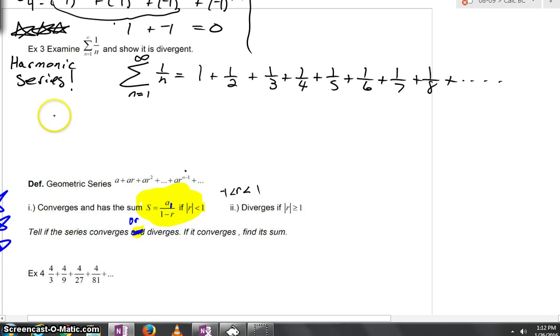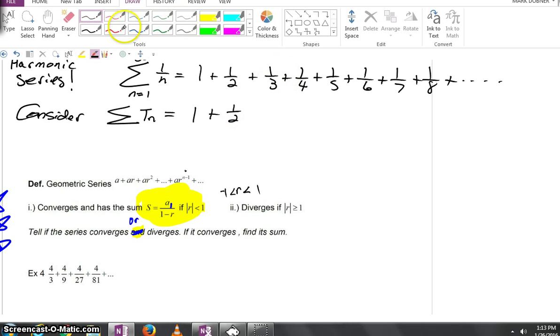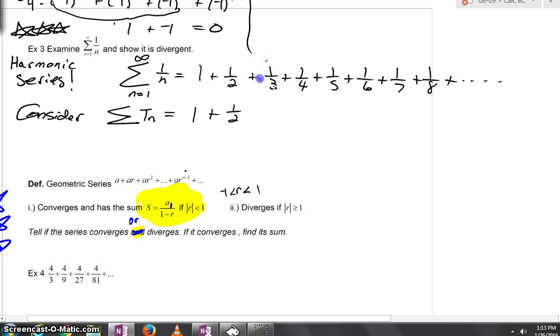What I'd like for us to do is to take a look at another series. I'm going to say consider this series, T sub n, and I'm just writing some other kind of pattern in there, where I'm going to write things that look like they're almost identical to the harmonic series.